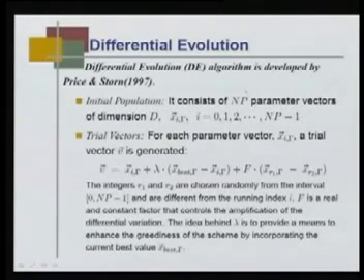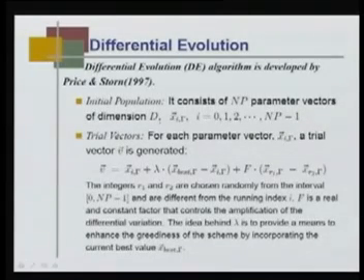and my population size is NP. You see that each parameter vector is represented by x_i gamma, where i equals 0 to NP minus 1. This is my parameter vector and its dimension is d.